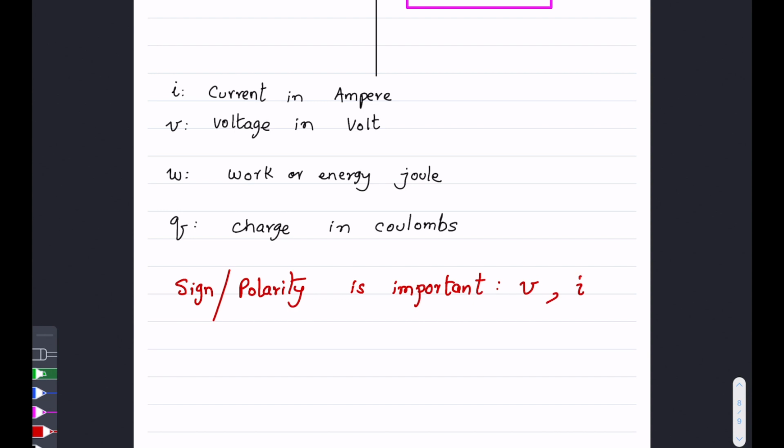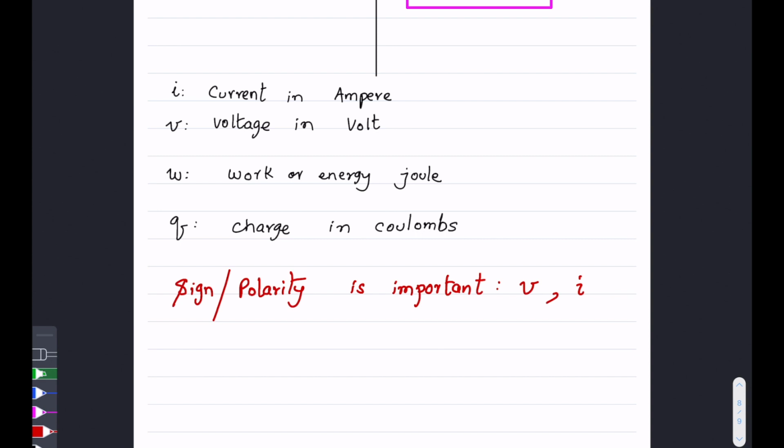We are going to look at that in the next section when we visit the passive sign convention. That is where I'm going to give you specific directions on how to assign a polarity for voltage and current.